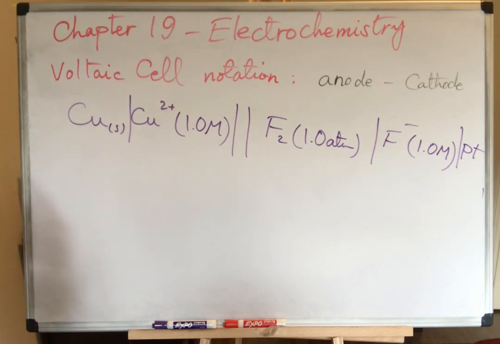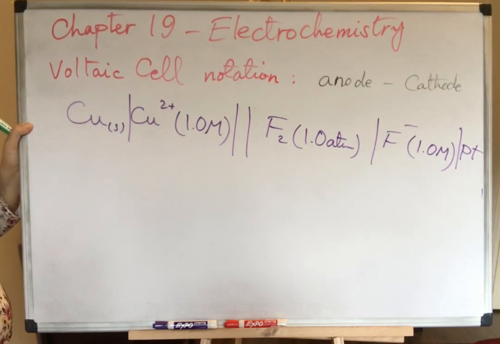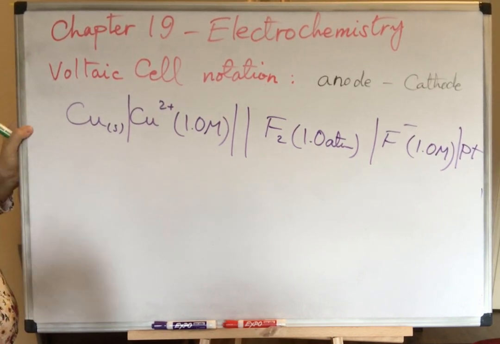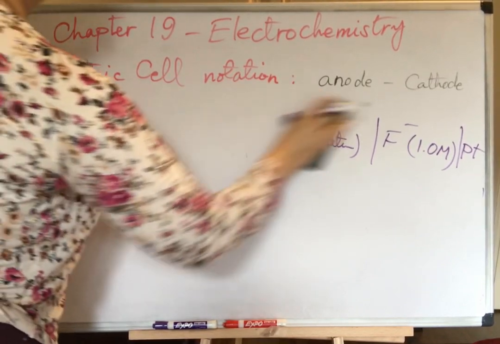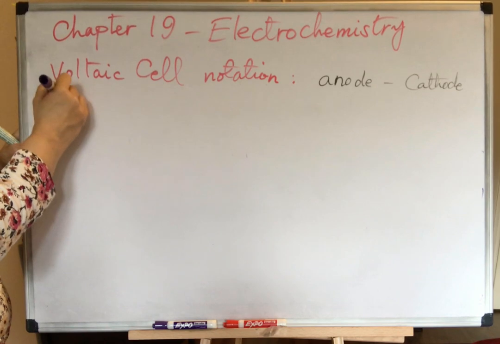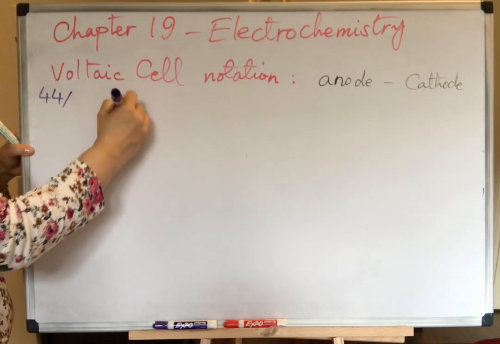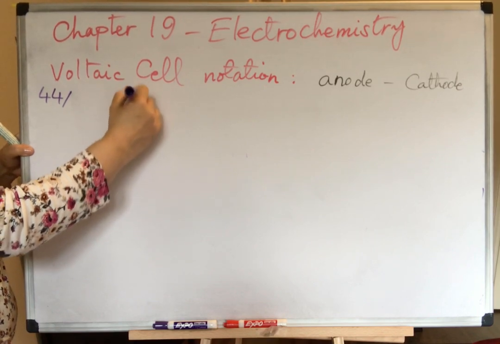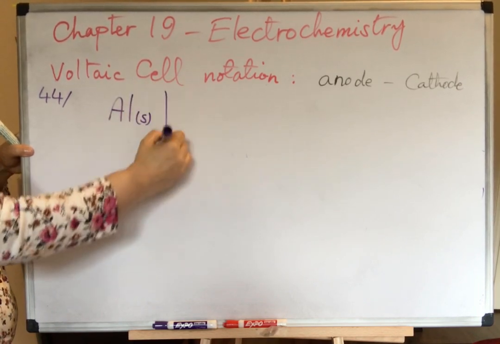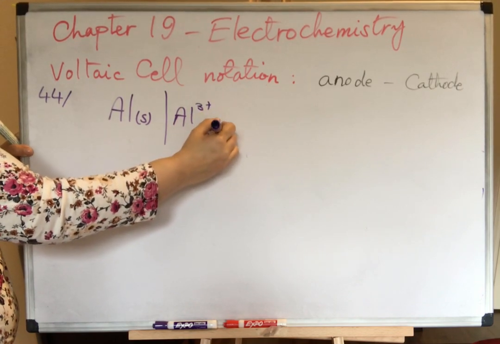You ready to work backwards? We give you the cell notation, you write the reaction. All right? You have an example on slide number 44. A cell notation is given: aluminum solid, aluminum ion.